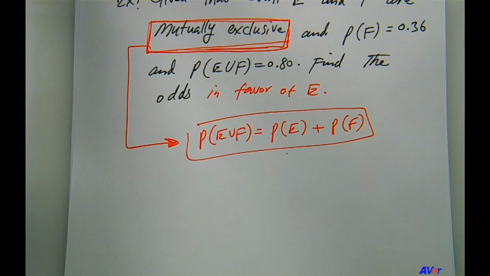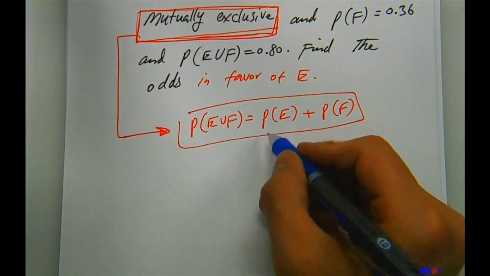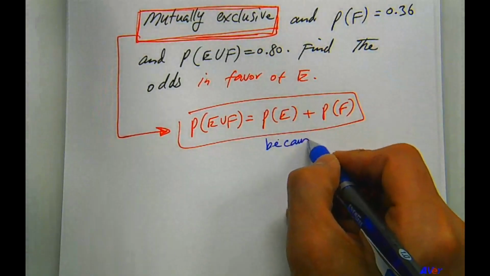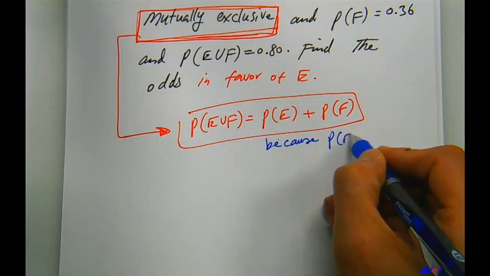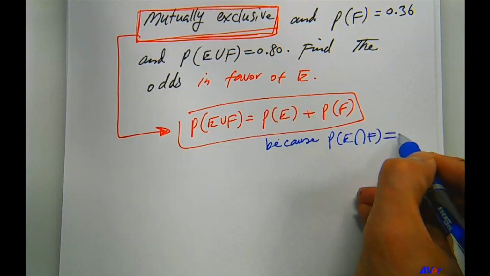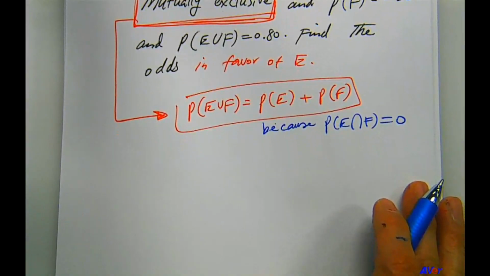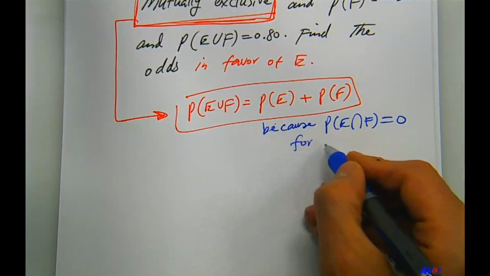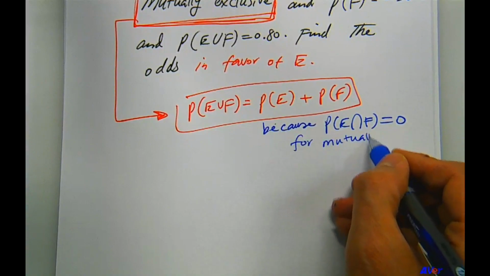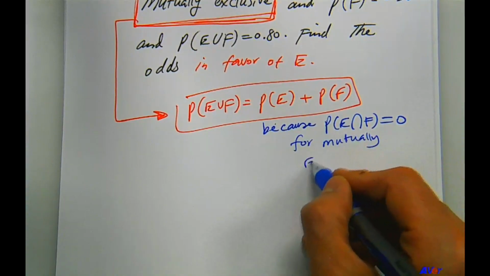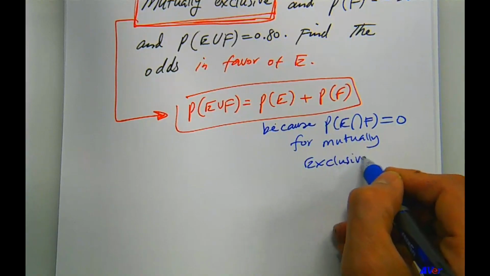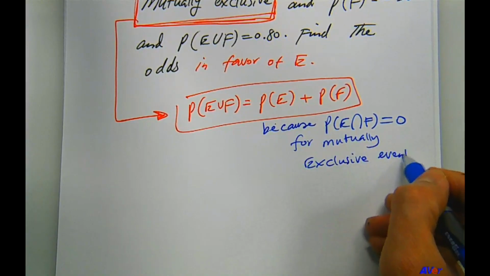Let me add that right immediately after this: because the probability of E intersection F is equal to 0 for mutually exclusive events.